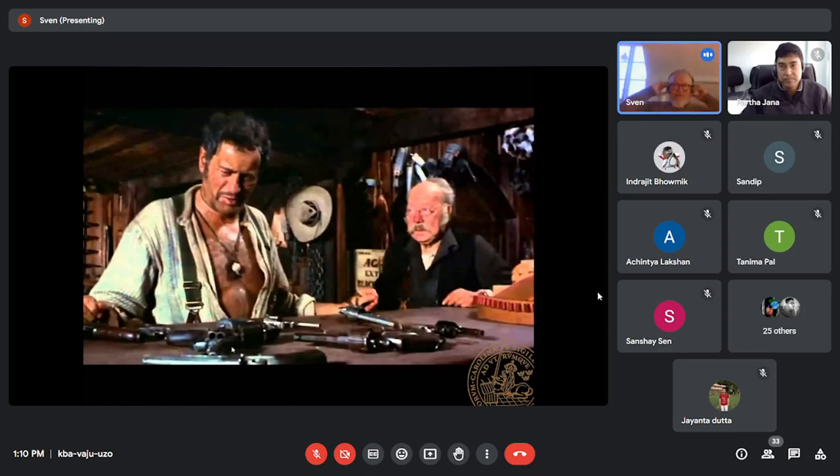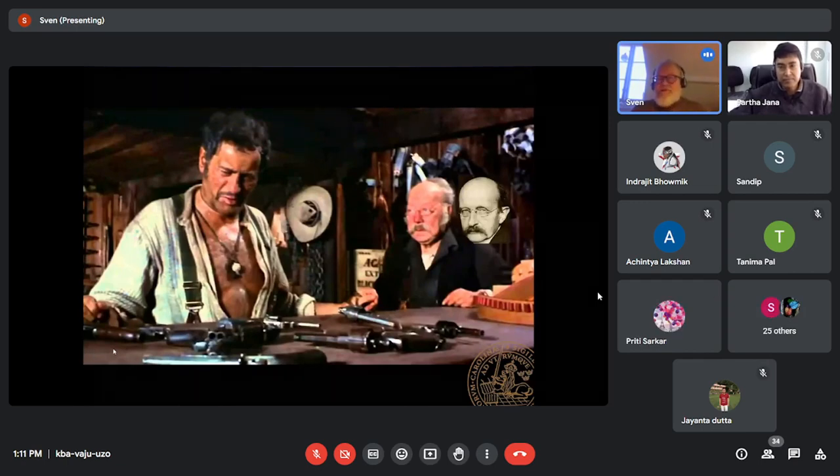The music was written by Ennio Morricone. Now, look very carefully at the gun dealer here to the right, and you will realize that he is the spitting image of Max Planck.